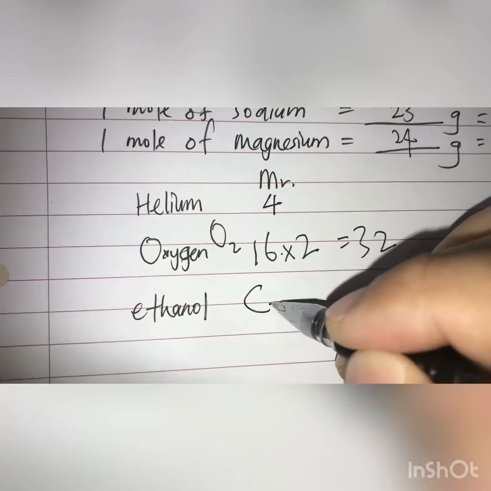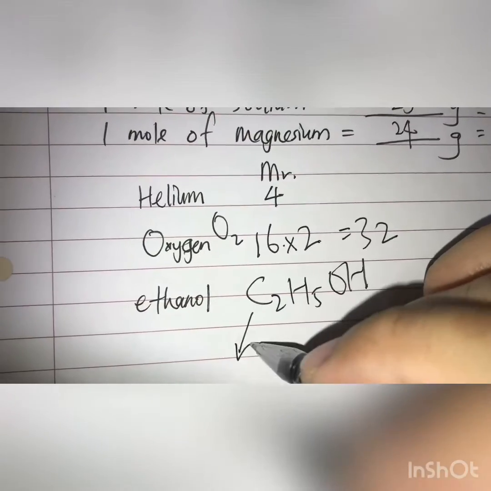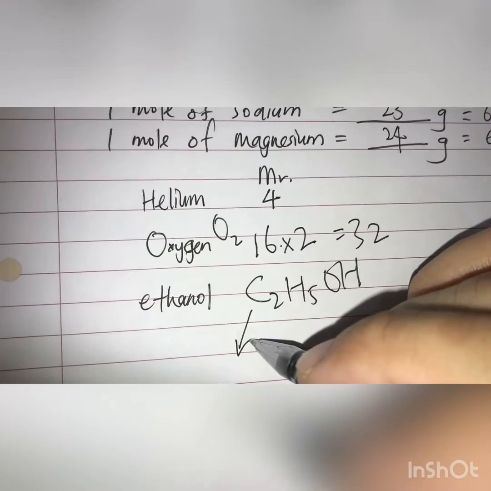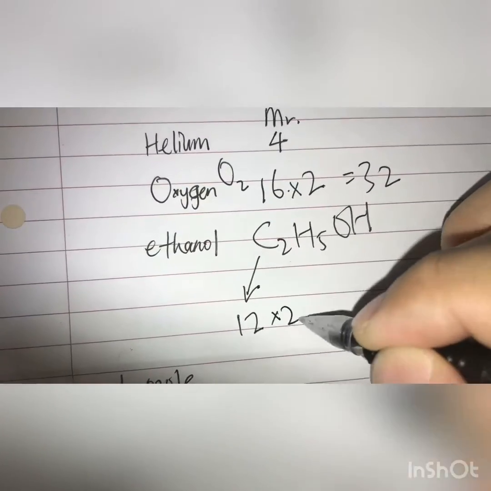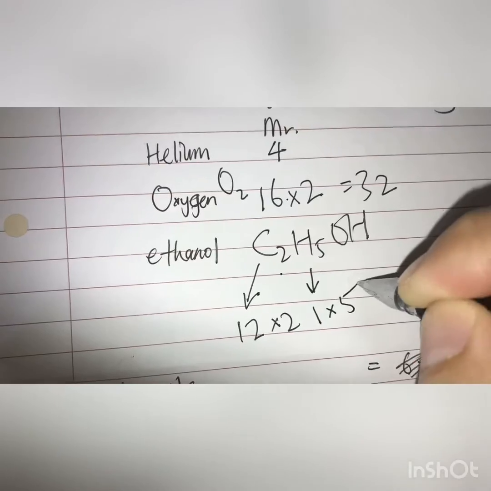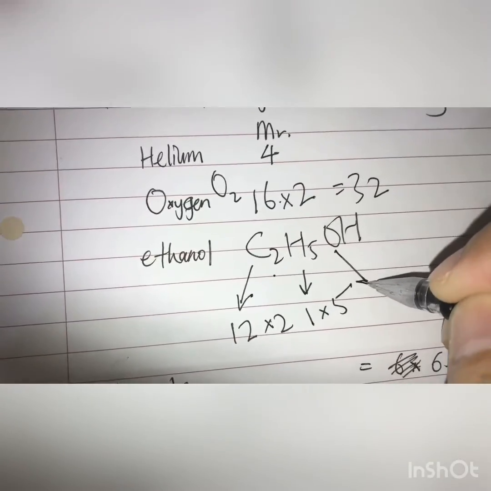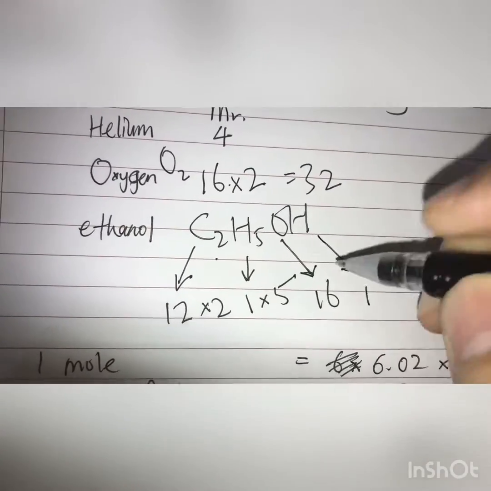Ethanol is C2H5OH. So C, the atomic mass for carbon is 12, so times 2. H is 1 times 5. O is 16. H is 1.